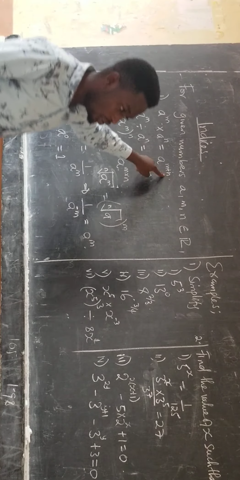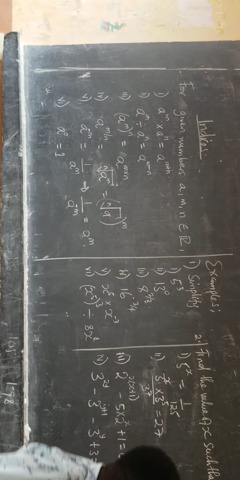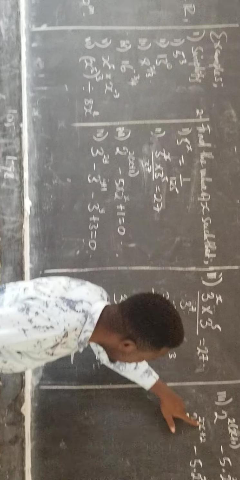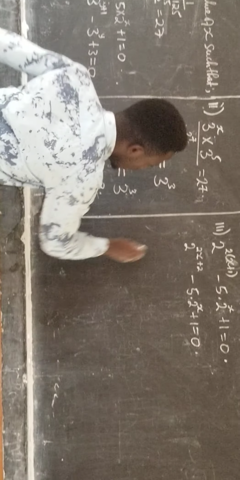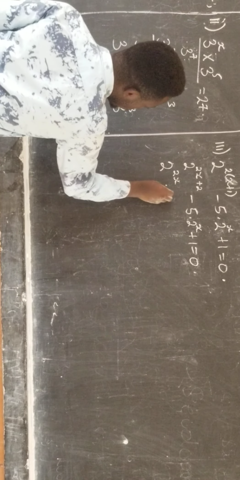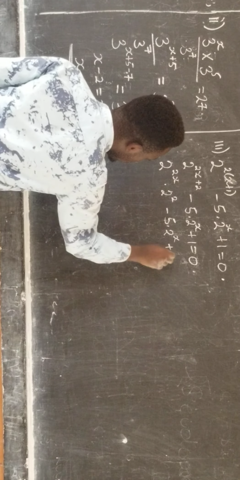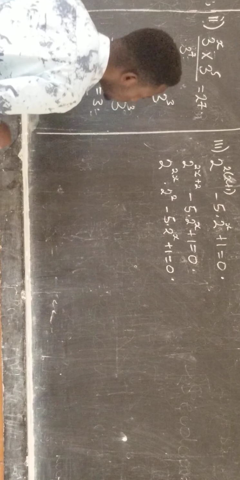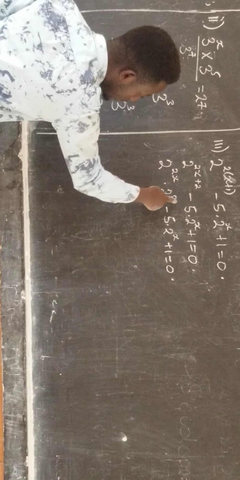So applying it here, this would be 2 power 2x times 2 power 2, then minus 5 into 2 power x plus 1 is equal to 0. This is 4 now.